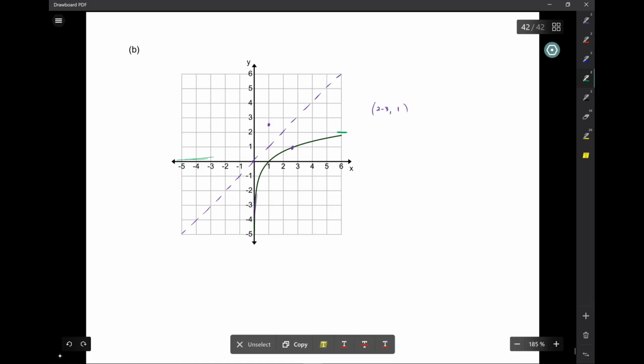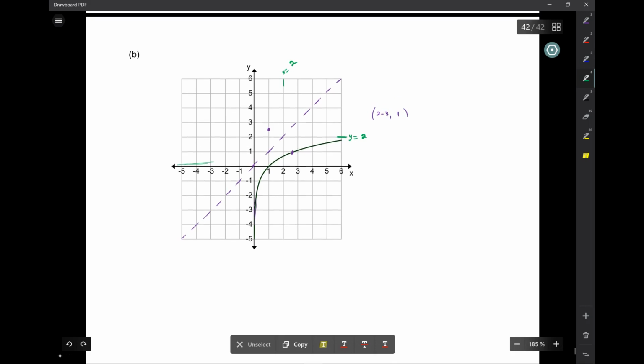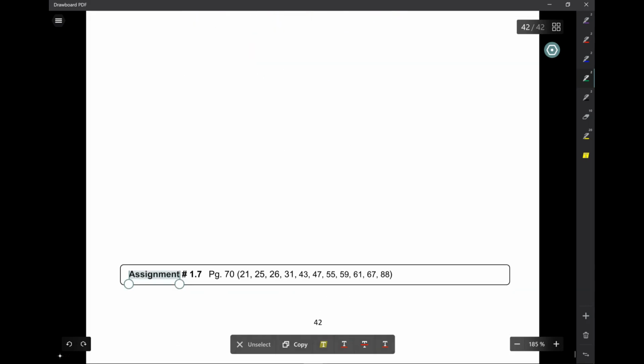It looks like it's leveling off at y equals 2. So this will level off at x equals 2, right? If this is y equals 2, this will be x equals 2. And so I know that there is an asymptote here and an asymptote there, so it'll look like that. Okay? All right, so this for tomorrow.